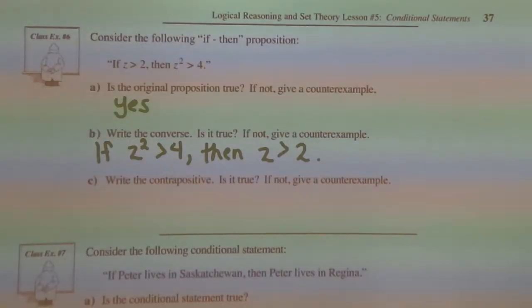That's my statement. Is this true? Or can you give me an example of when I take z and square it, I get a number that's greater than 4, but z itself is not greater than 2? No, this statement is true.